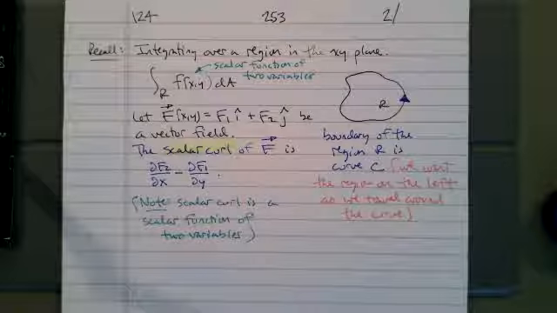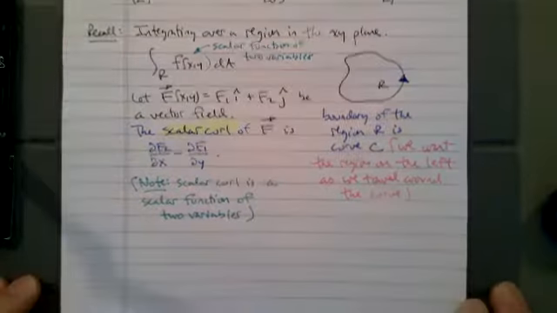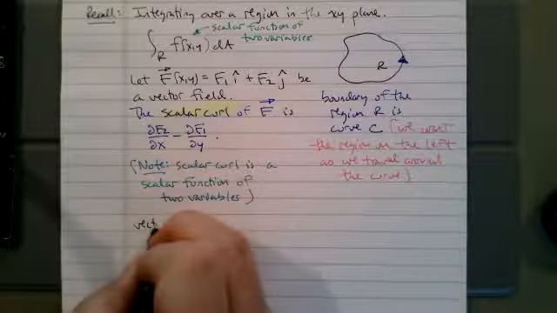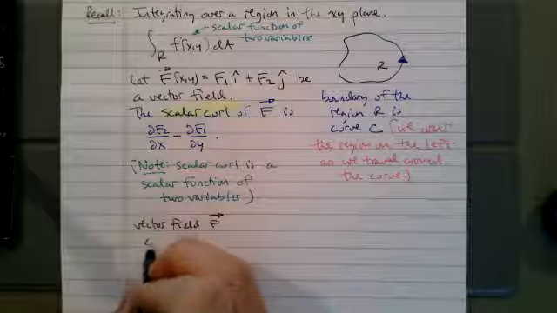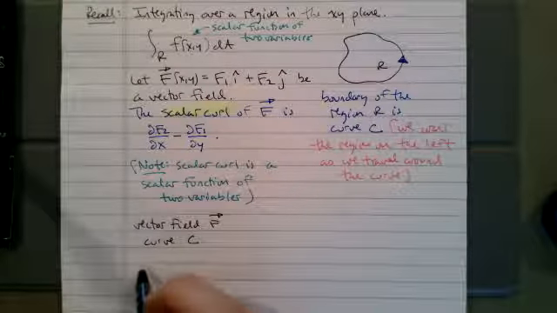Scalar function plus a curve. I'm going to stick that into a line integral. Sorry, vector field and a curve that I can stick into a line integral. Scalar function of two variables and a region that we can put into a double integral. So I've got a vector field and a curve C. I can combine this into a line integral.